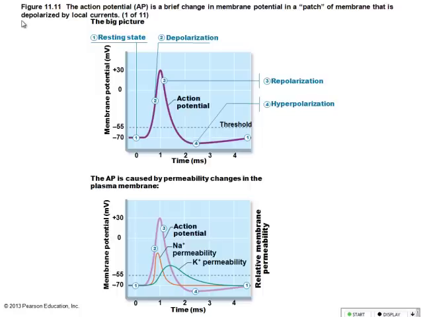They're doing that so rapidly that pretty much all the time, the charge goes a little bit lower than minus 70 millivolts until everybody equals out again. And that's called what? Hyperpolarization.